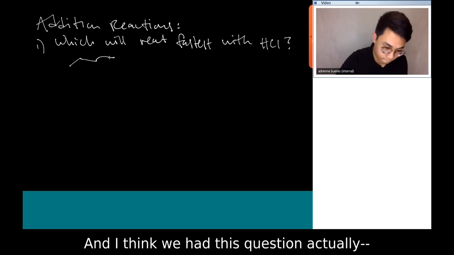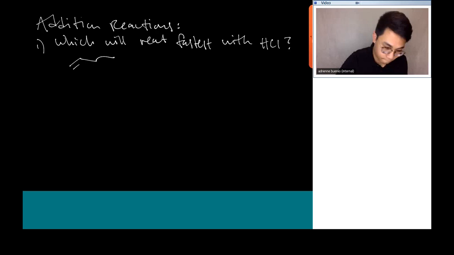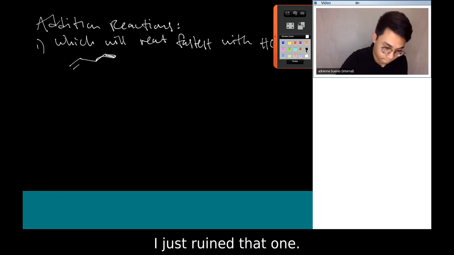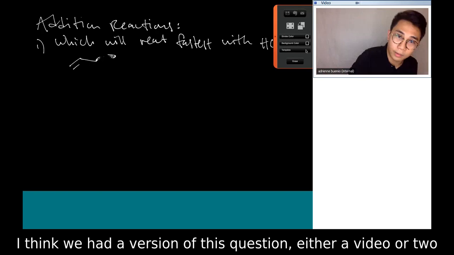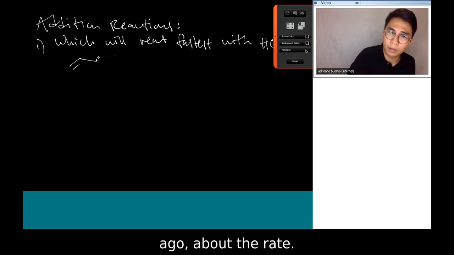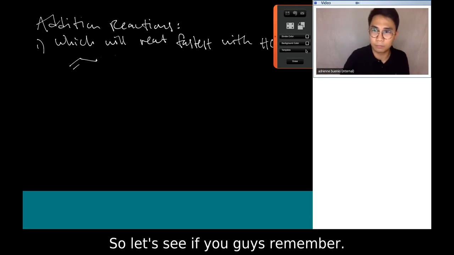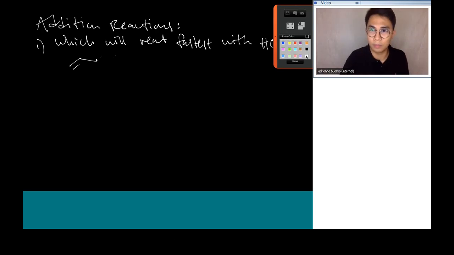Okay, and I think we had this question actually, a version of it anyway. Oh, okay, I just ruined that one. This is supposed to be a single bond. I think we had a version of this question either a video or two ago about the rate. So let's see if you guys remember.